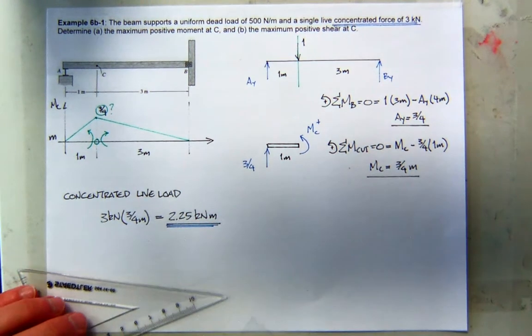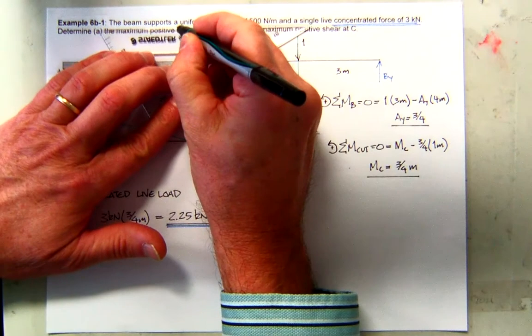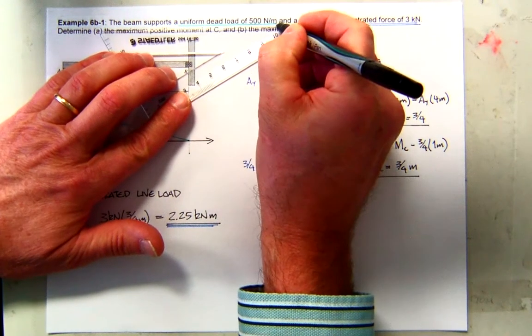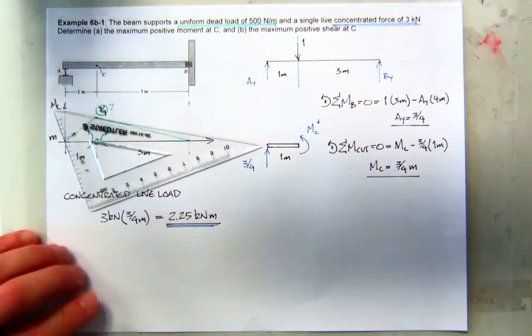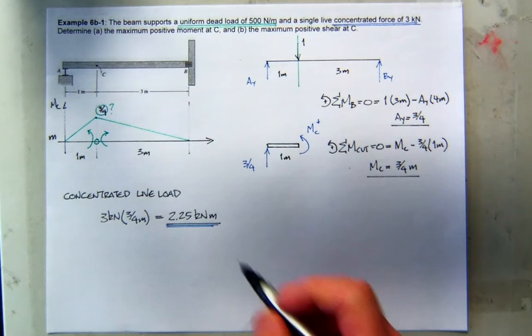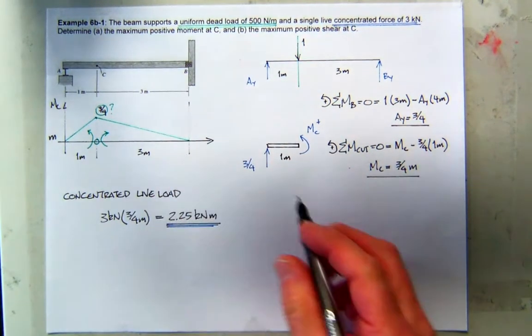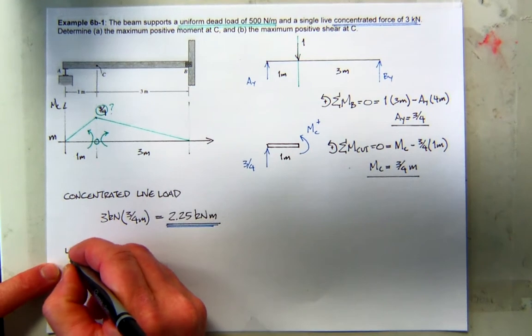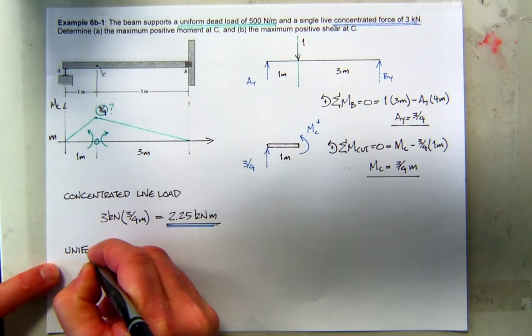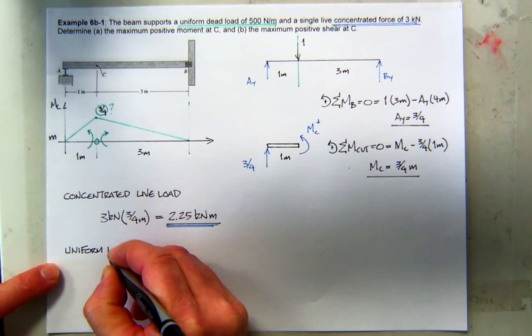So the next one we have to do is a uniform dead load. Now how do we do uniform loads? We take the intensity of the load times the area under the curve. So this is going to be a uniform dead load.